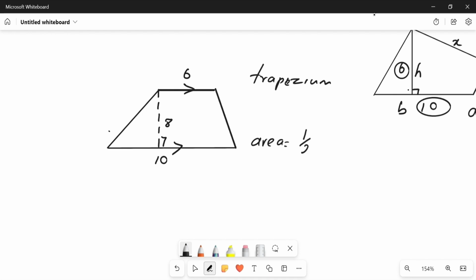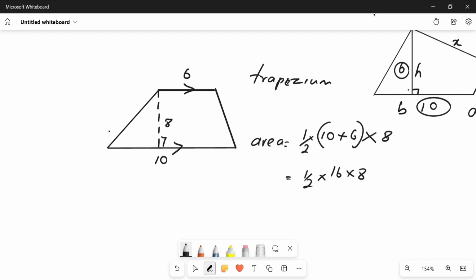Area is half, sum of the parallel lines, 10 plus 6, into height. Again I tell you, half into length of the parallel sides, that is 6 and 10, into 8, height is 8.